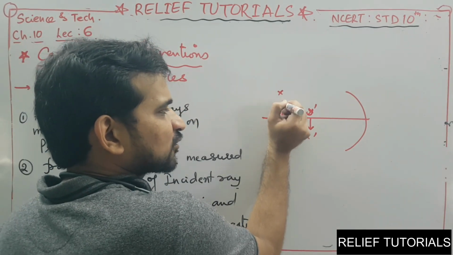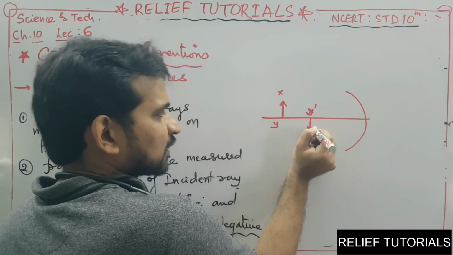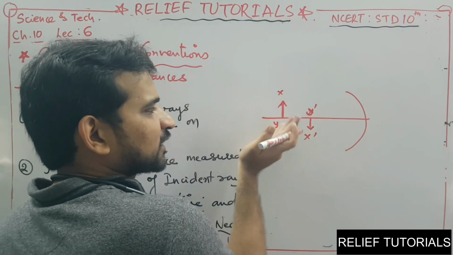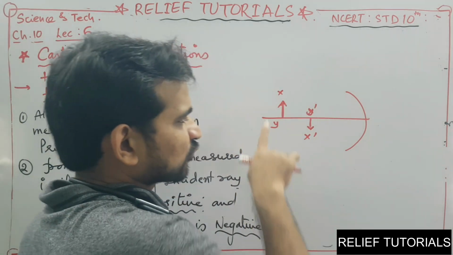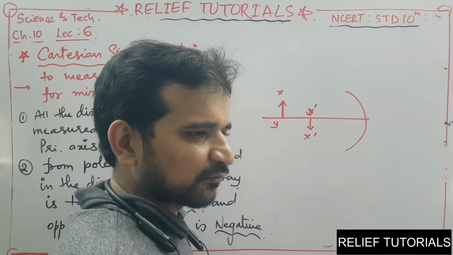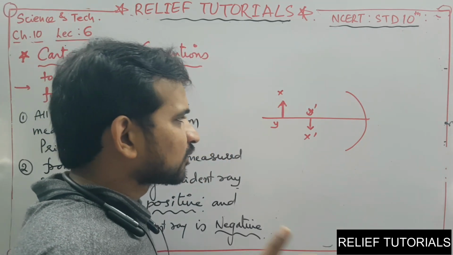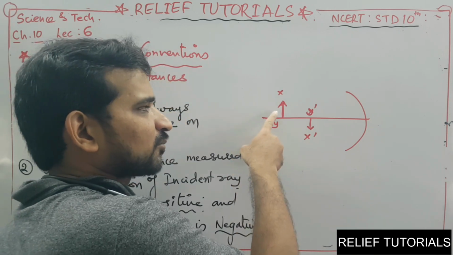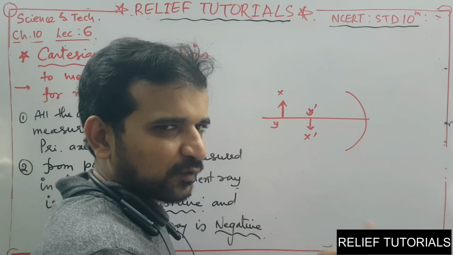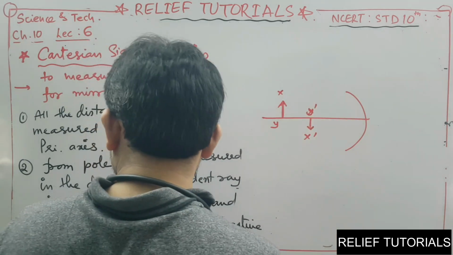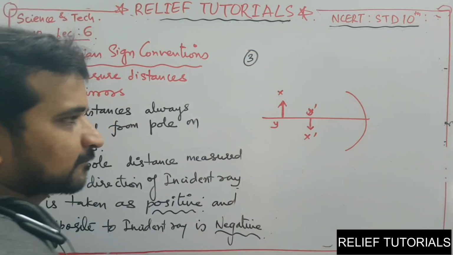So this is the height of object, and this is the height of image. But we can see that the object is on the upward side and image is on the downward side. So one of the heights should be taken as positive and one of them should be taken as negative. So the perfect rule or the fixed rule is, if you are measuring the height upwards, upward heights are taken as positive and downward heights are taken as negative. So the rule number 3.